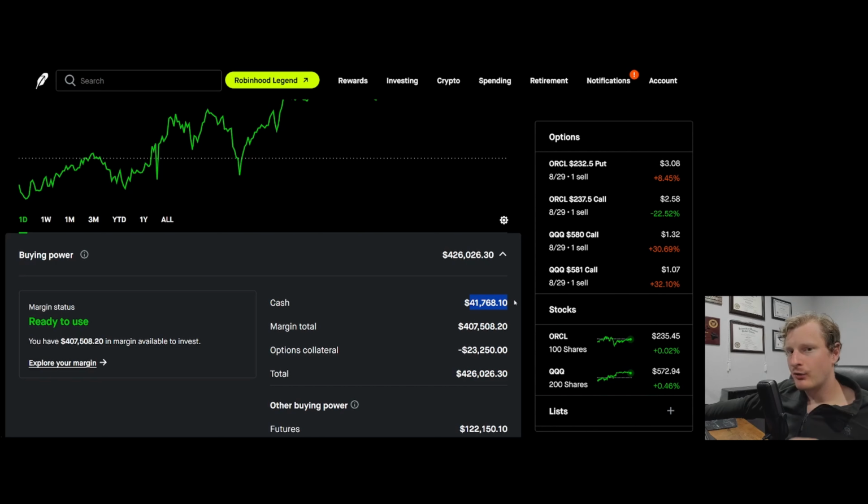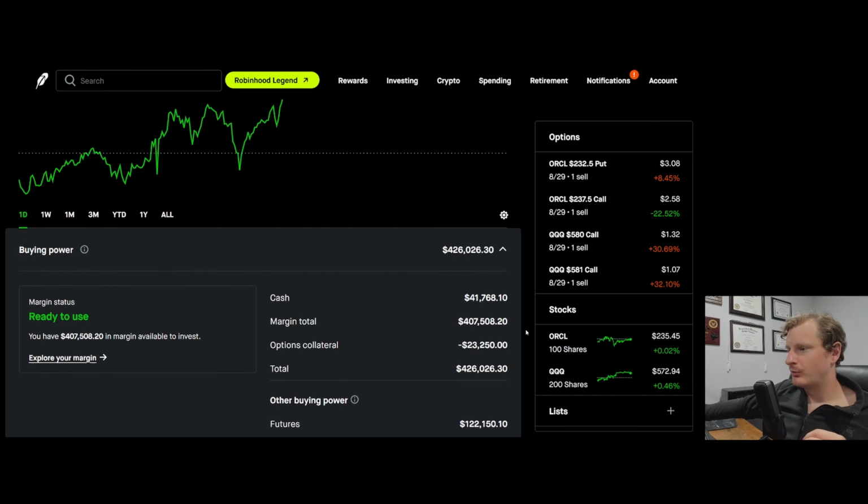If I were to buy those 100 shares of QQQ, about $57,000, then about $16,000 would be on margin, but how much premium I'm generating per day offsets the margin interest cost. So it's not even a calculation worth losing sleep over.